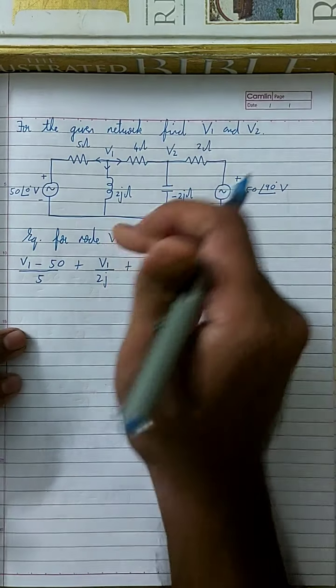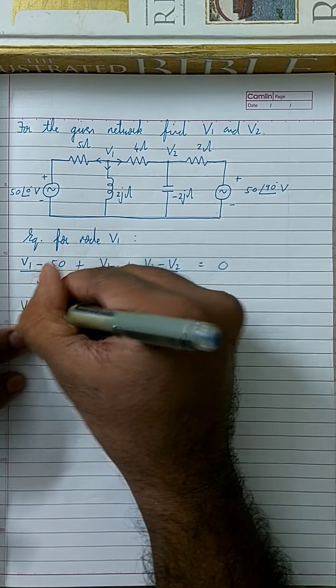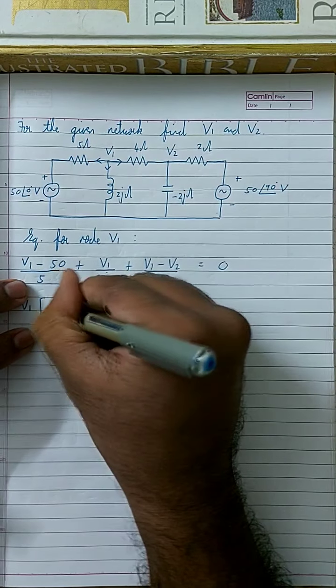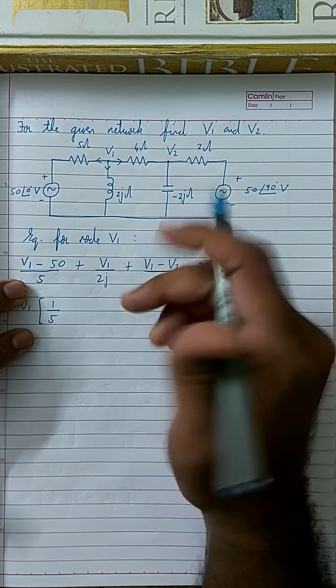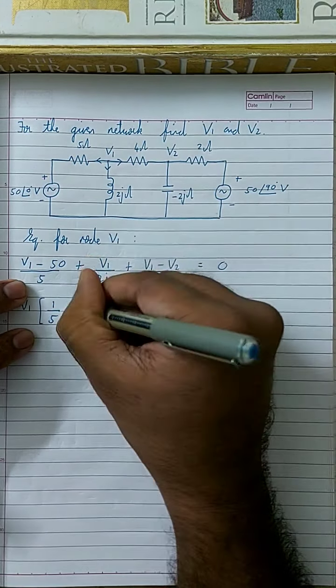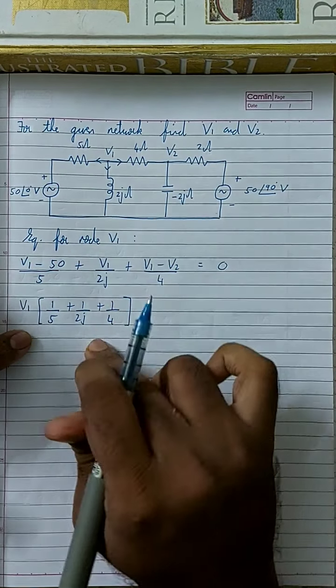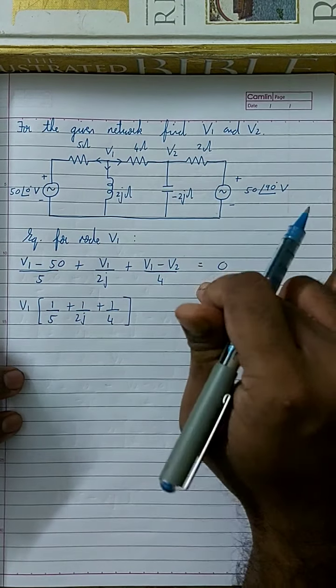Now I'm going to write this in terms of V1 and V2. If you take V1 common, it will be 1 by 5 plus 1 by 2j plus 1 by 4. This is the coefficient of V1. And what about V2?